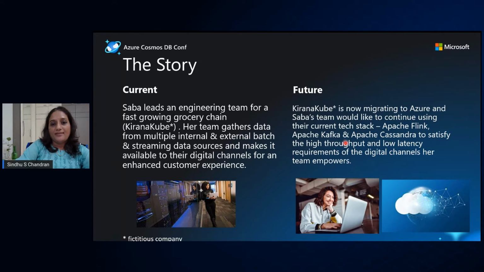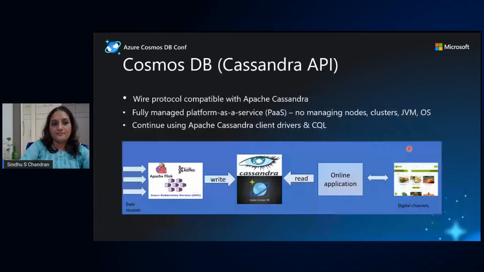So this is where the context is, and I will be talking mostly from a developer perspective as to what we need to be aware of when we move from Apache Cassandra on-prem to Cosmos DB Cassandra API.